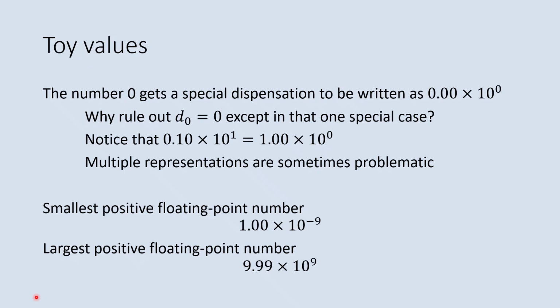We put a negative sign in front of the largest positive, right? So the smallest number we're describing is -9.99 times 10 to the 9th, and the biggest number that we're representing is 9.99 times 10 to the 9th. And the smallest positive number close to 0 is 1.00 times 10 to the -9th power.